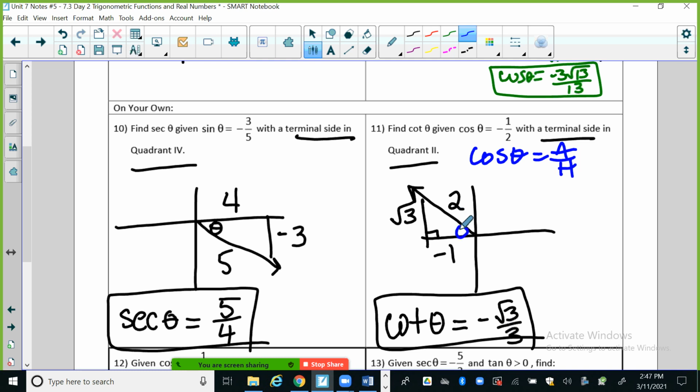So again, our reference angle is always the angle made with the x-axis. So with respect to our angle, this is our adjacent side. This is our hypotenuse. This is our opposite. So that's why this is our adjacent side, negative 1, because cosine is adjacent over hypotenuse.